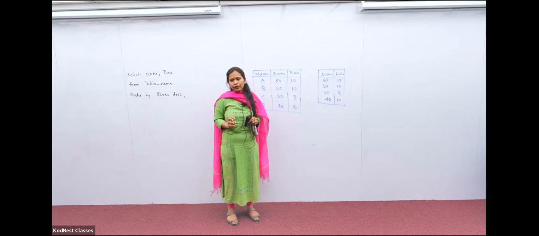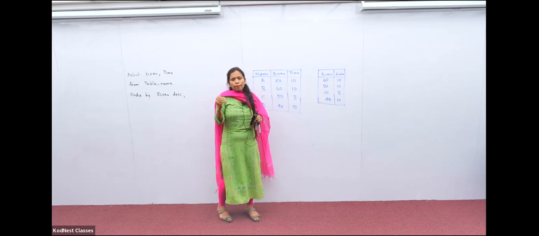They should be displayed first. If more than one player has scored the same score, then based on the time they have taken, whoever has taken less time, display their data first, followed by those who have taken more time. This is the question. All of you understood the question?